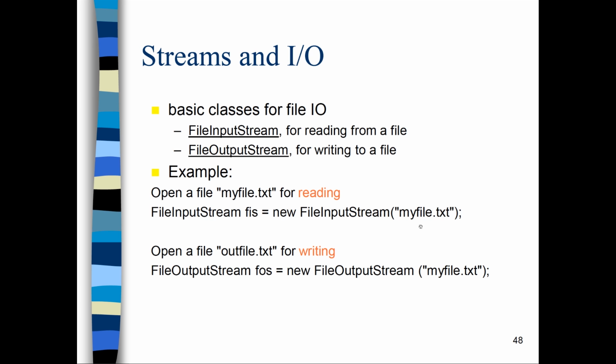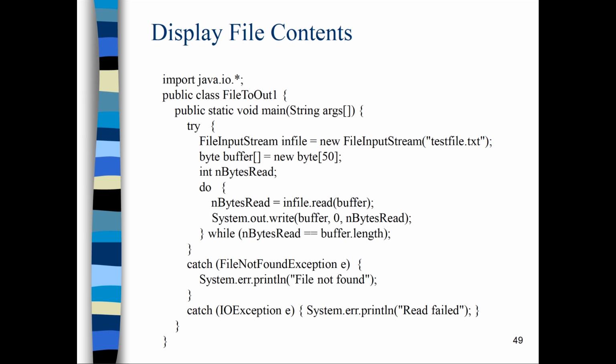We create this object, new FileInputStream, and we write the file name. To open a file for writing, we have to create the object of FileOutputStream, and we open it for writing. We just have to follow these conventions. If you want to read a file, we create the object of input stream. If you want to write something, we create the object of output stream.